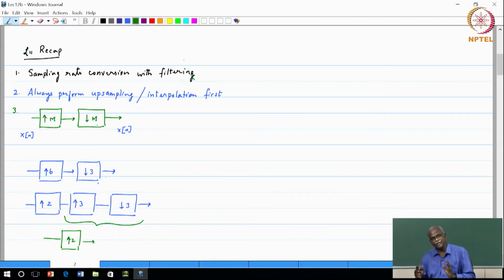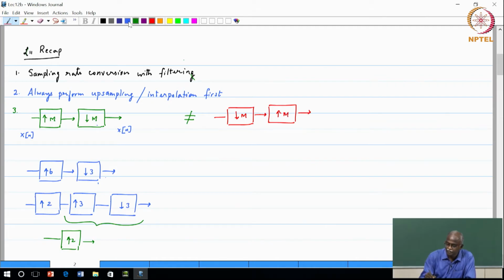Again, in this particular example it's probably very obvious to see, but there are structures where you see these multiple operations and you can take advantage of this result, which is a good thing. We said that this combination is not equal to sampling rate conversion in the other direction, if I do the downsampling first followed by the upsampling.